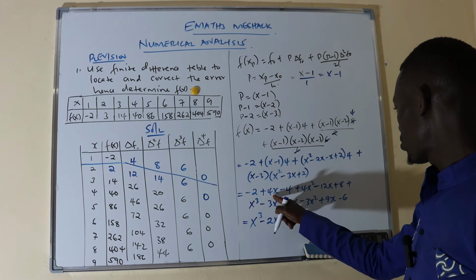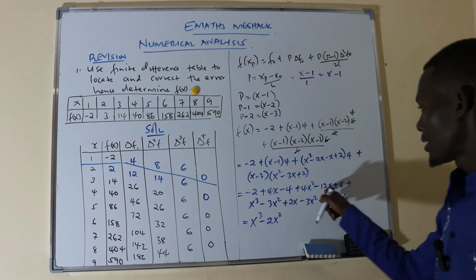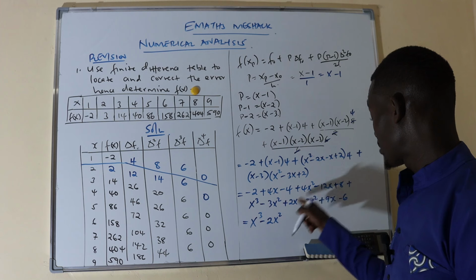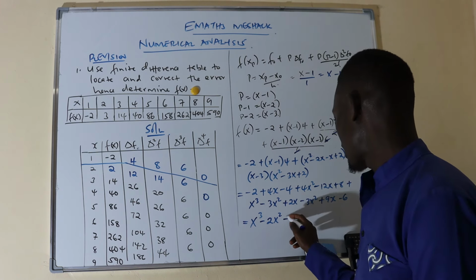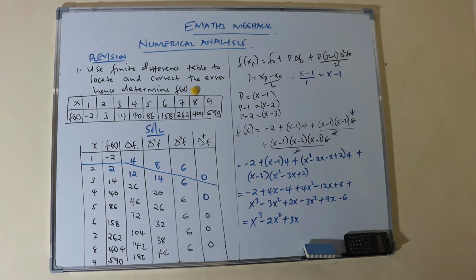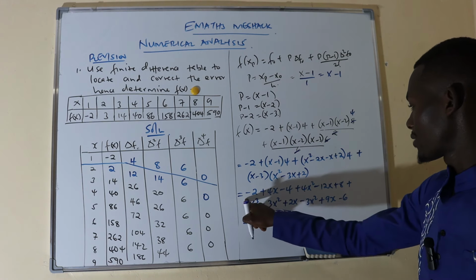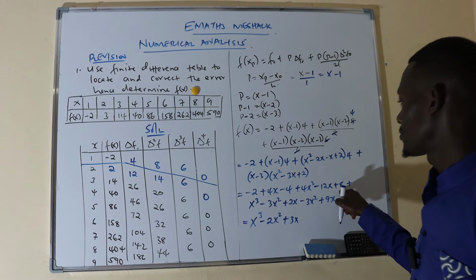So you have 4 minus 12, that gives you minus 8. Minus 8 plus 2 gives you negative 6. Negative 6 plus 9 gives you plus 3x. Then lastly, we have the constant terms, where we have negative 4, negative 2, negative 4, that is negative 6. Negative 6 plus 8 gives you 2.